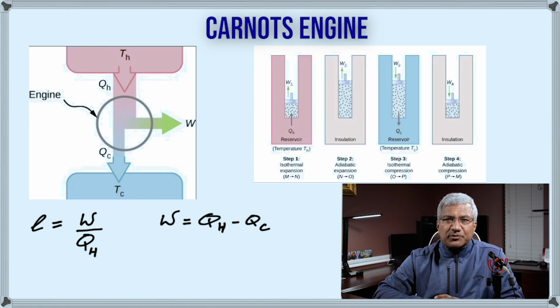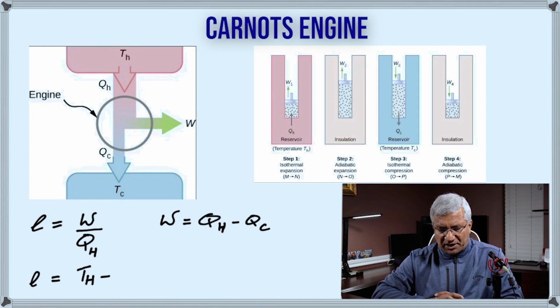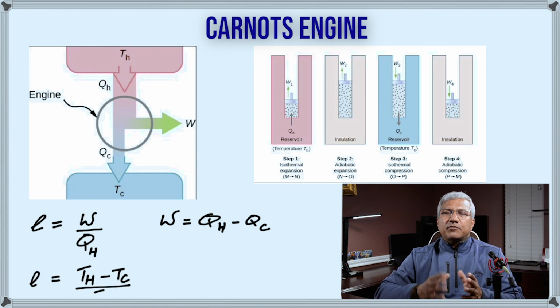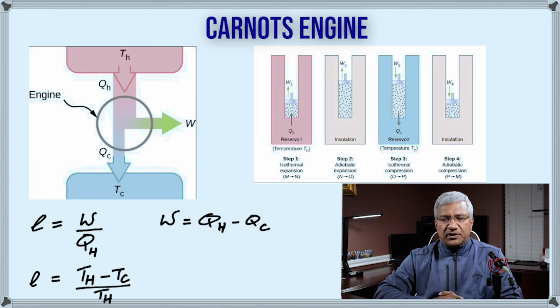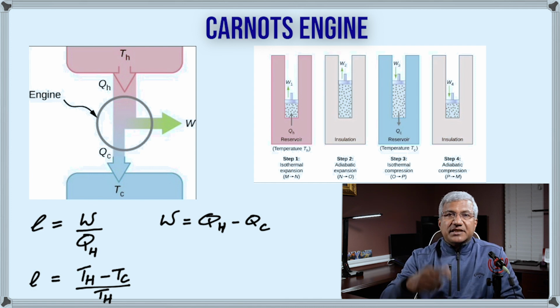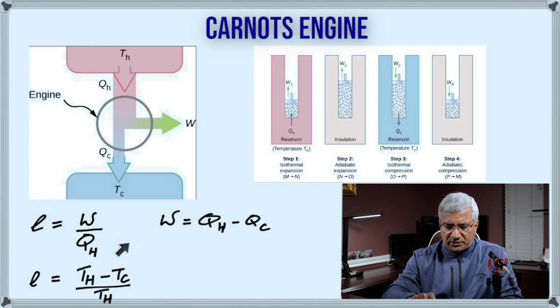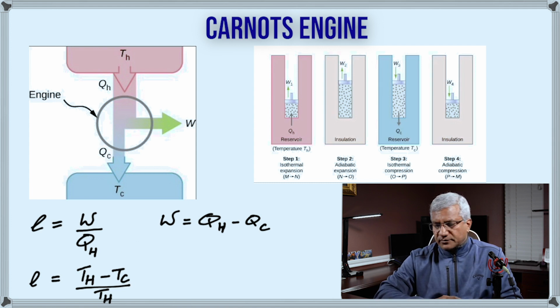In terms of temperature, efficiency can be written as 1 minus TC over TH, or TH minus TC over TH. I'm going to show how we get this formula from the definition of efficiency as work over QH. So that's going to come in a few slides. I'm going to show exactly how we go from here to this formula.